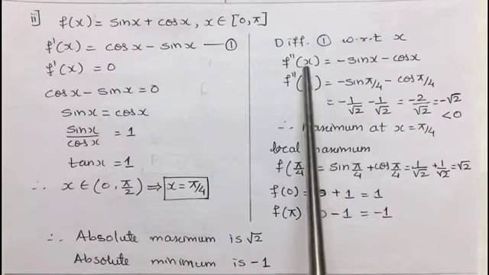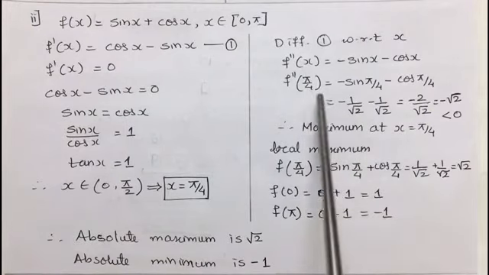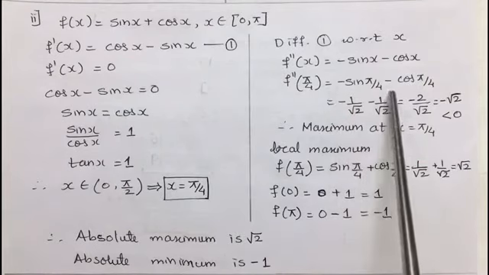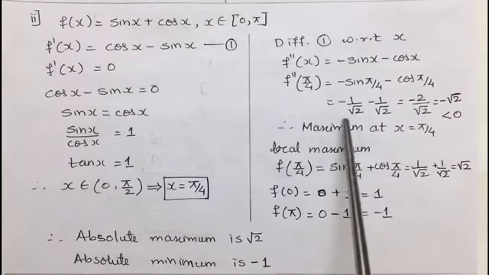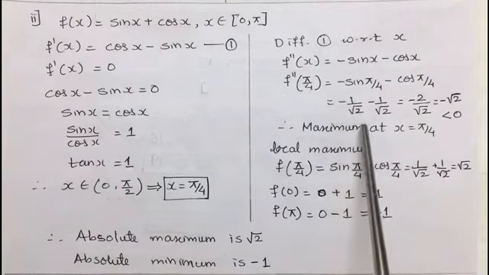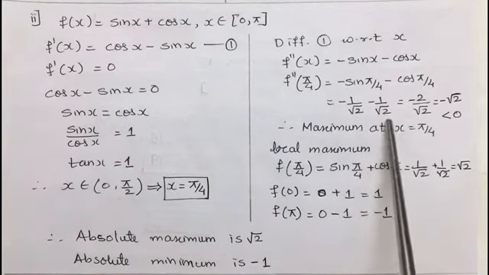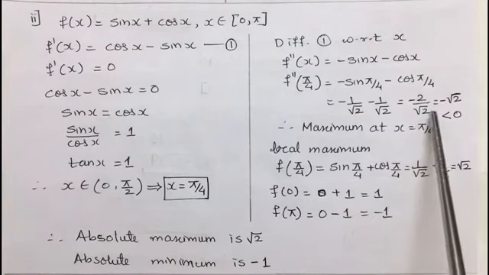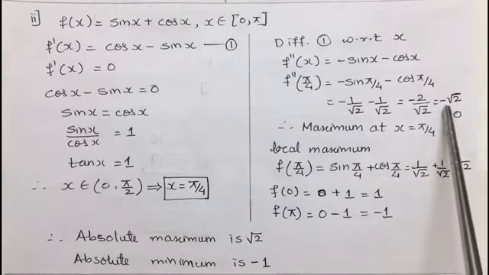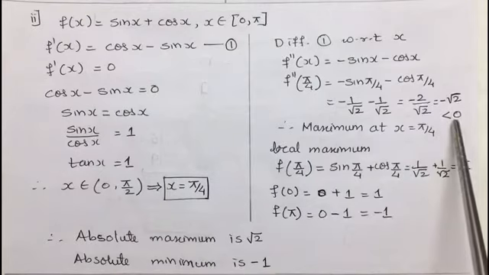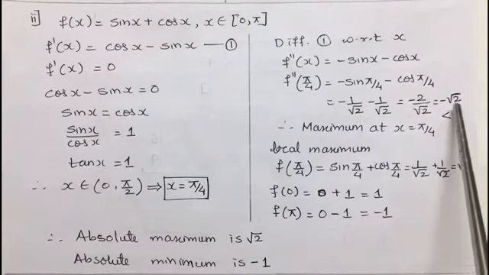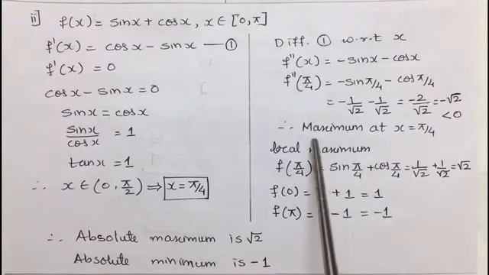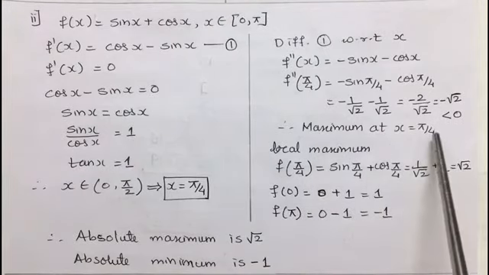Now keeping the value of x as pi by 4 in the second derivative, we get minus sin pi by 4 minus cos pi by 4. That makes it minus 1 by root 2 and minus 1 by root 2. That is equal to minus 2 upon root 2. And cancellation gives the answer minus root 2, which is less than 0. As it is less than 0 or negative, it is maximum at x equal to pi by 4.